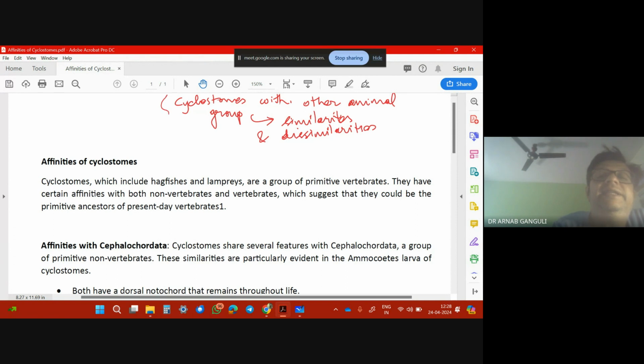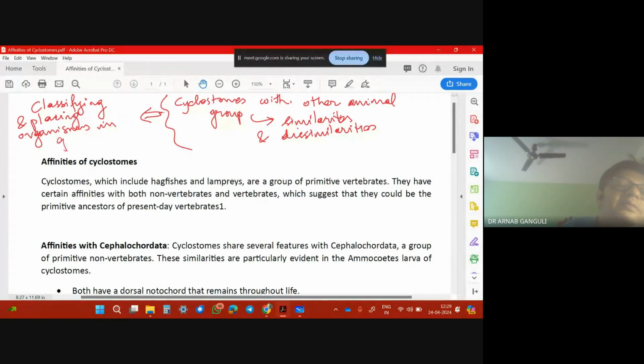And such an activity will help in classifying and placing organisms in particular groups.